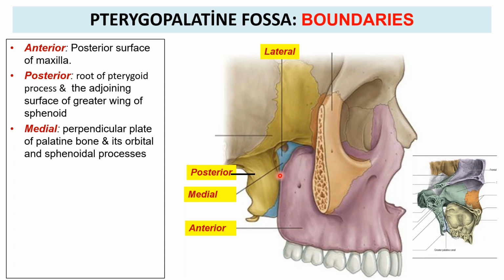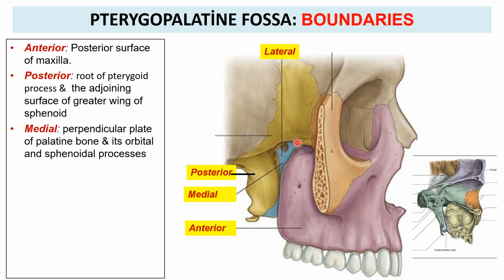Now we come to the lateral aspect. What is the lateral aspect? This entire fissure-like thing which is opening laterally into which fossa? Into the infratemporal fossa. If you pass a probe through the pterygopalatine fossa, you will come out through the pterygomaxillary fissure. This is the outline of the pterygomaxillary fissure, which is between the pterygoid plates and the maxilla bone.